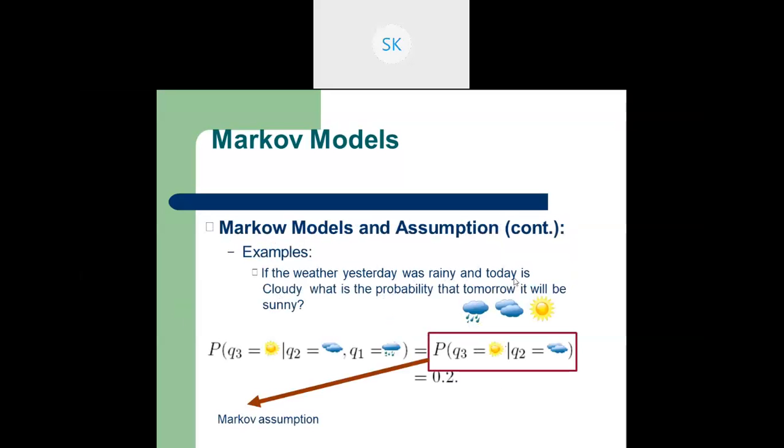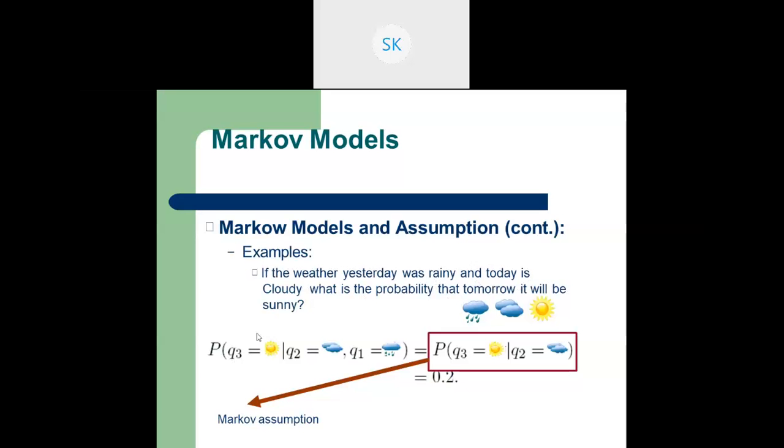If the weather yesterday was rainy and today is cloudy, what is the probability that tomorrow it will be sunny?